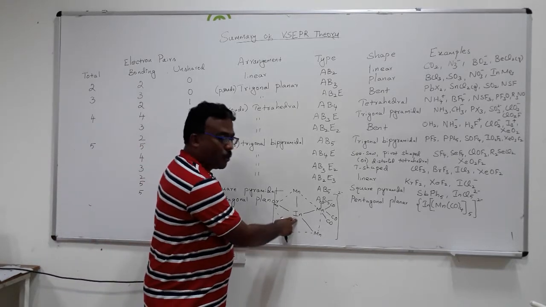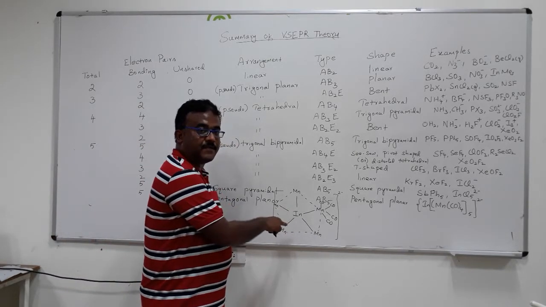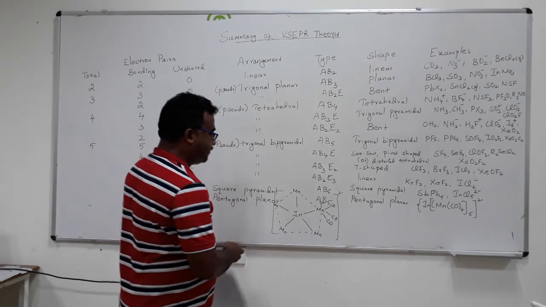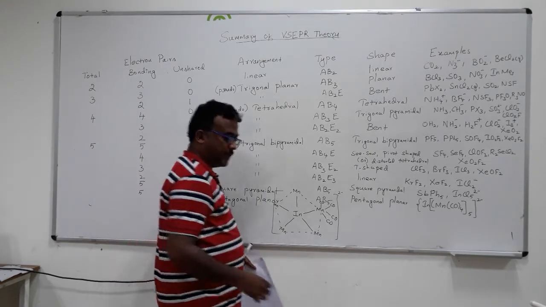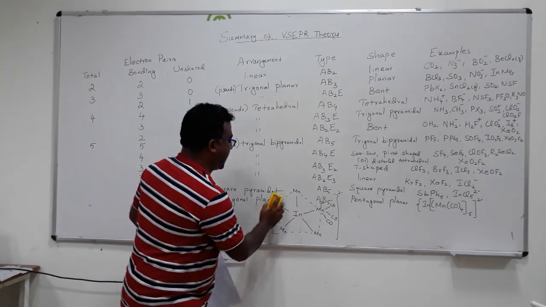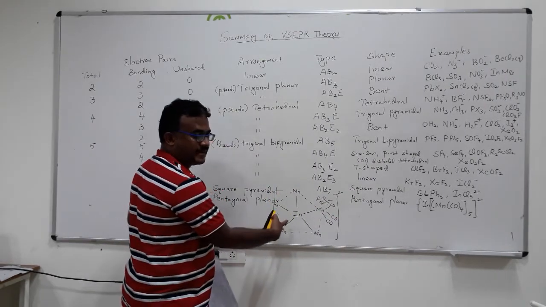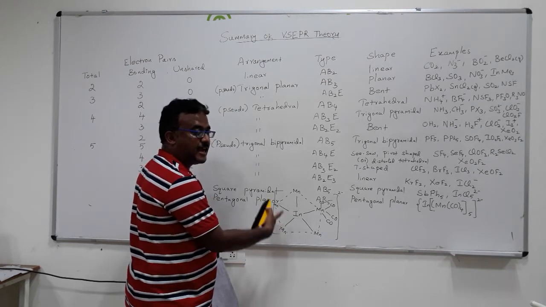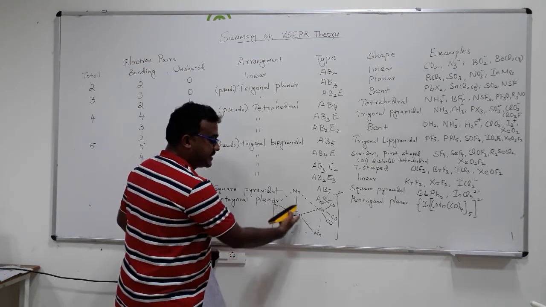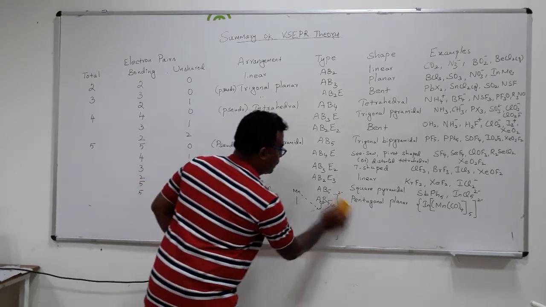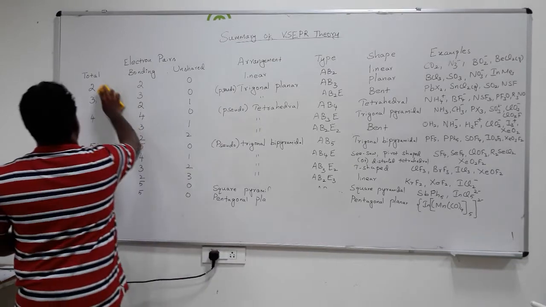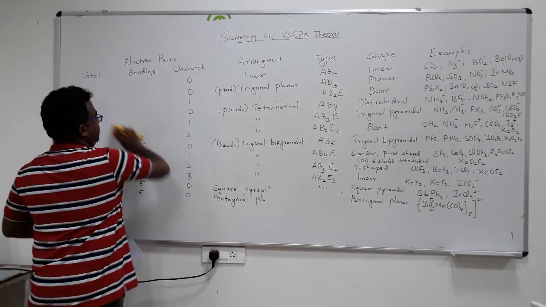But here there is no lone pair of electrons. That is the difference between this one and that one. So please remember pentagonal planar has 5 bonding electron pairs and does not have any lone pair of electrons on the central atom. Okay, now let me go to system 6.